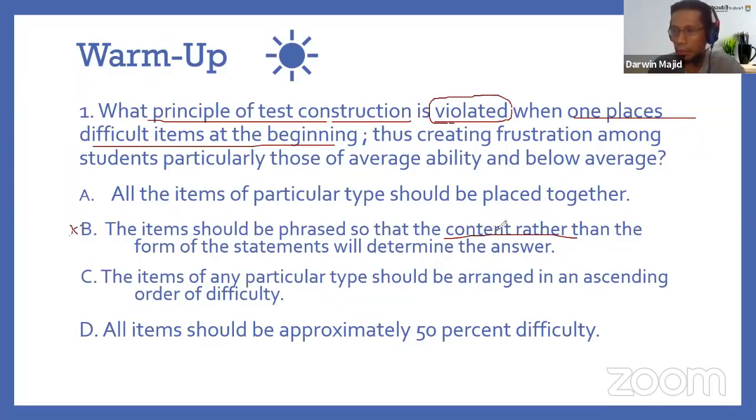So letter B is very clear that it has to do with content. As for letter A, all the items of a particular type should be placed together. Mali. Letter D. I think letter D, letter A also.